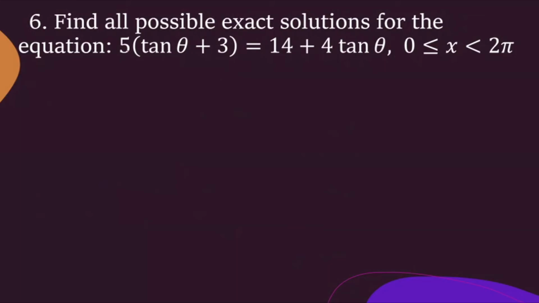For the next, we have 6, find all possible exact solutions for the equation 5 tangent theta plus 3 equals 14 plus 4 tangent theta. Again, same parameters, well, I guess this would be theta, not x.